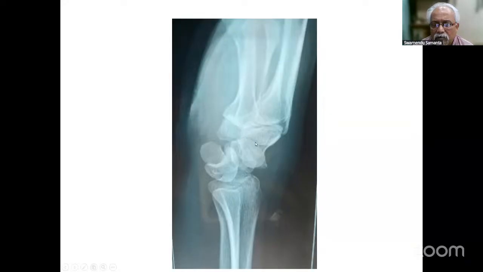You can see the line over there, which can be more evident in the AP view or the classical scaphoid view. Then you can understand whether we are having an associated injury along with the perilunate dislocation. Okay.